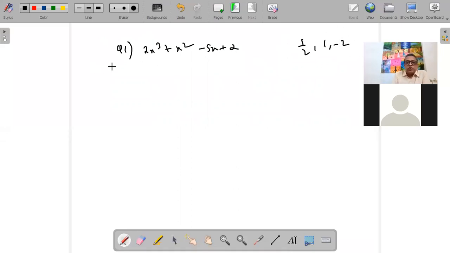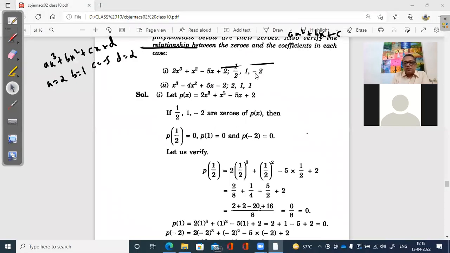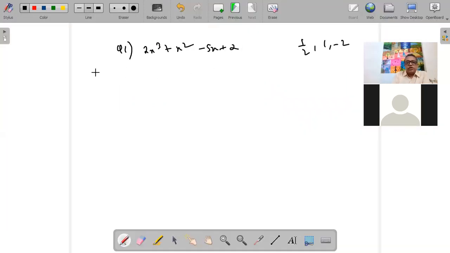So what am I going to do? I'm going to substitute these three values in this and show that it is coming 0. So first I'm putting x as half. So 2 into 1/2 cube plus 1/2 square minus 5 into 1/2 plus 2.